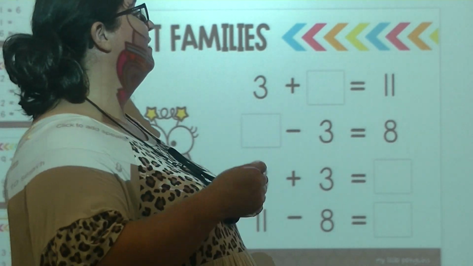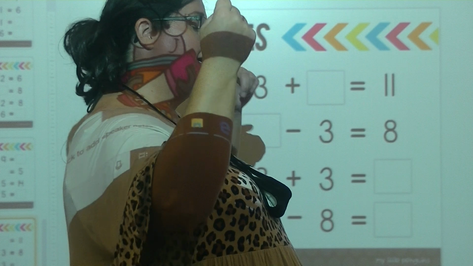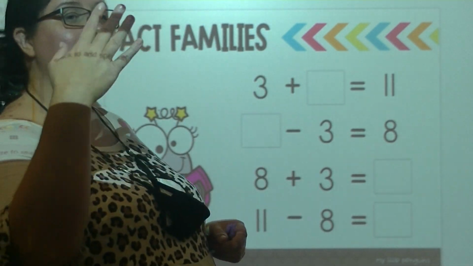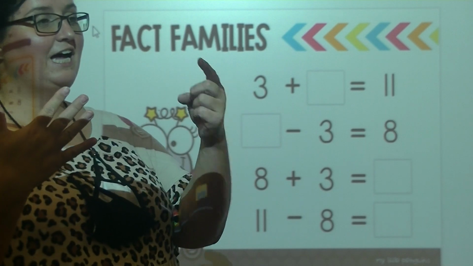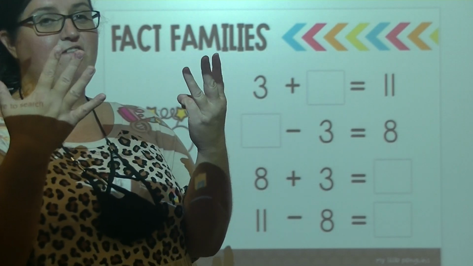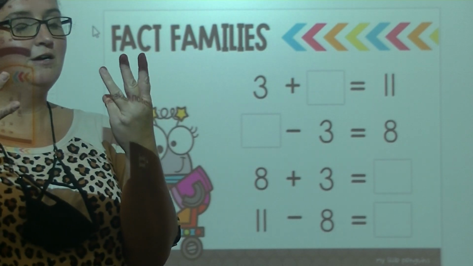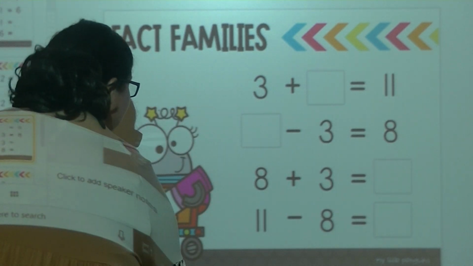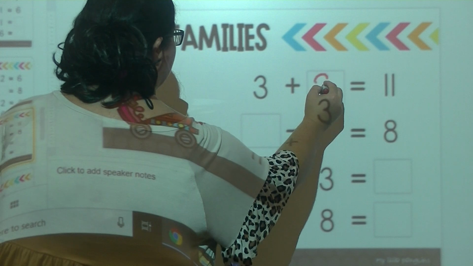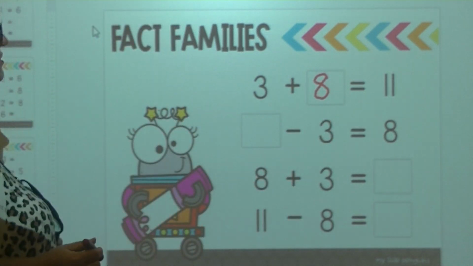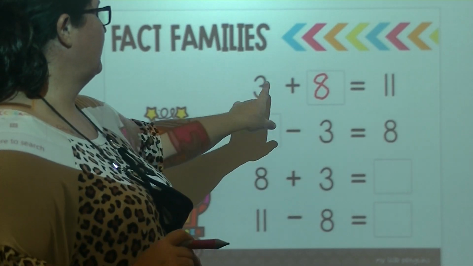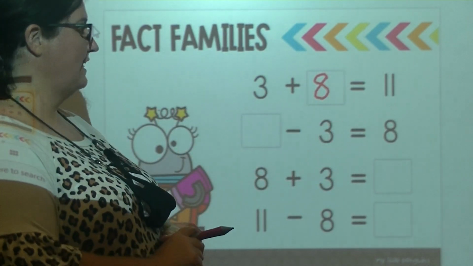Get ready. 3, 4, 5, 6, 7, 8, 9, 10, 11. What number? Yes, 8. So Ms. Spires has the tools to write in it. I'm going to write. So 3 plus 8 equals 11.